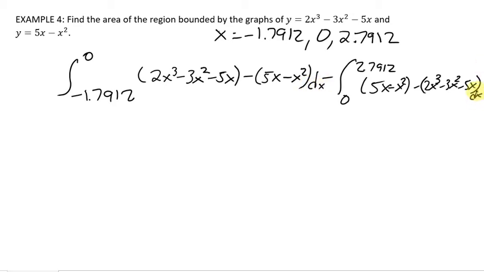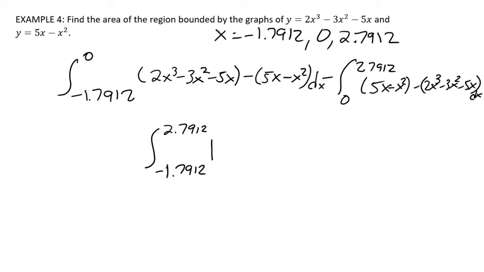Now that's one way of doing it, but probably not the way of choice for me. What I would want to do is recognize that I can do the whole thing at once from negative 1.7912 all the way to 2.7912 by simply taking the absolute value of the subtraction. It will make sure that nothing is negative.